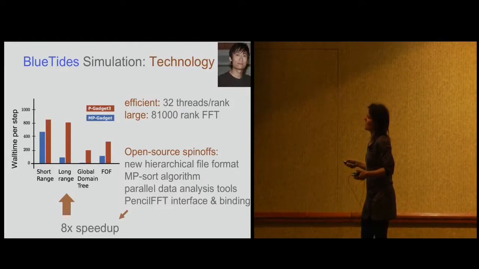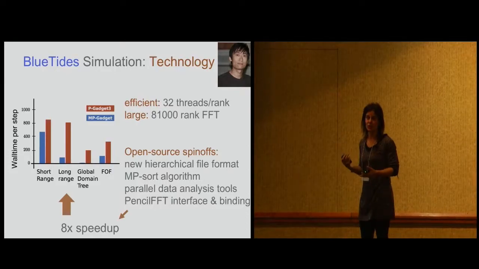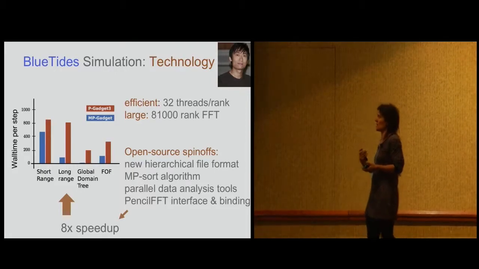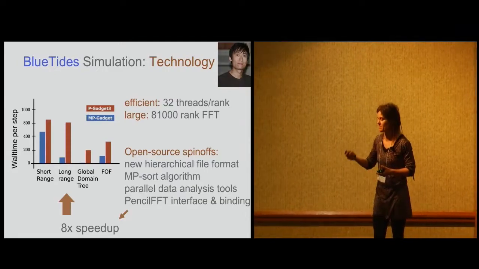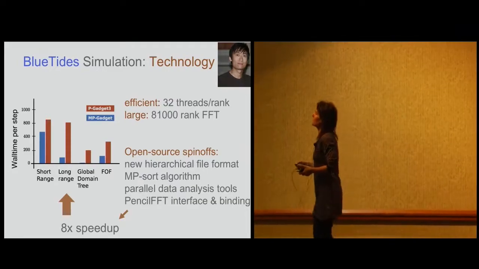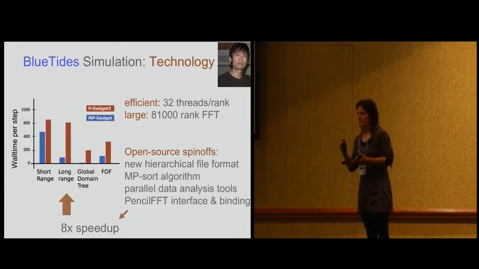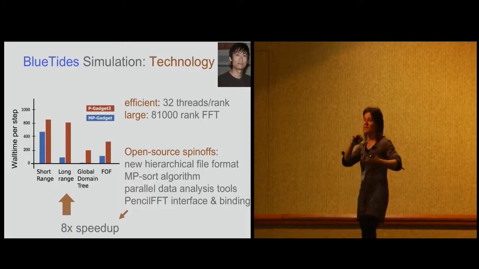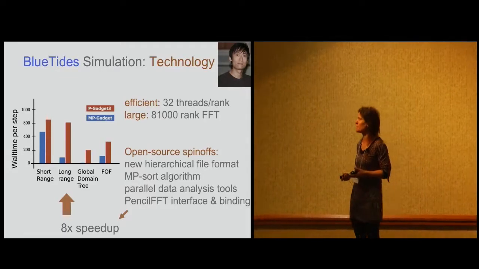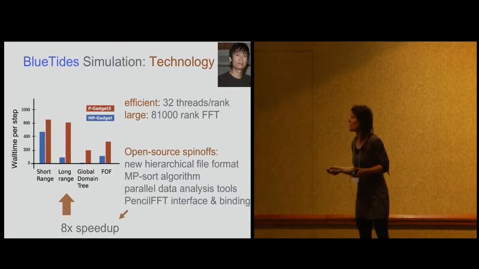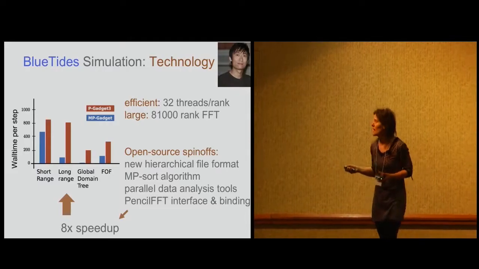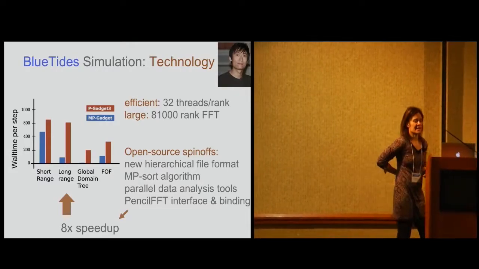This is just, very briefly, the calculation of the gravitational forces in the long range or short range regime, and how various changes that we made allowed us to gain a lot in terms of scalability and performance on Blue Waters. It also offered us building this code more modularly so that we can take pieces in and out and use them for other open source spin-offs. So some of the algorithms that we developed as part of improving the performance and making it run at the scale of Blue Waters are now used in other contexts.